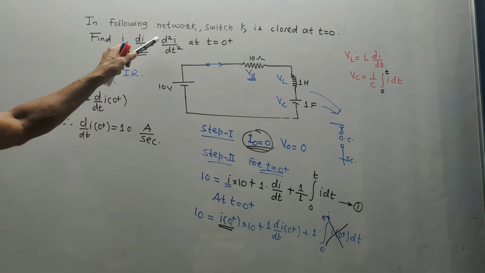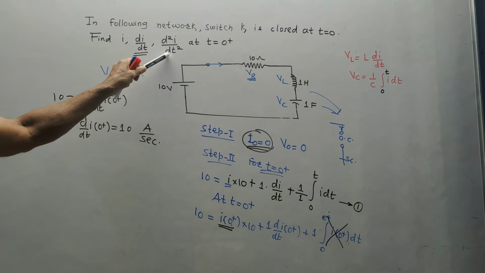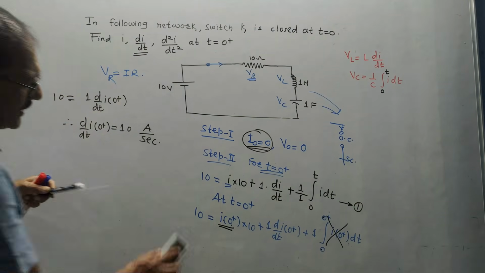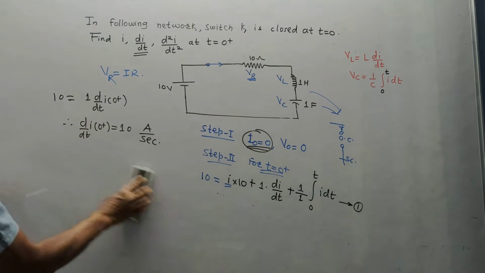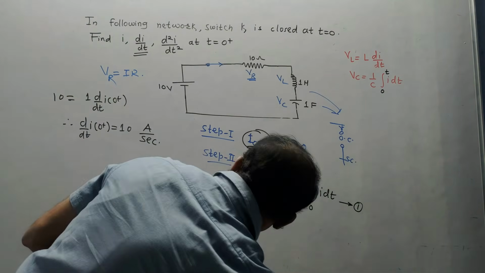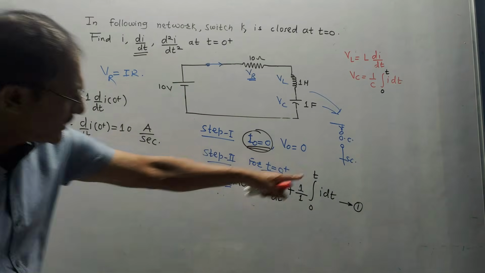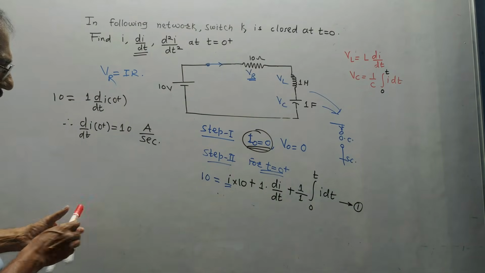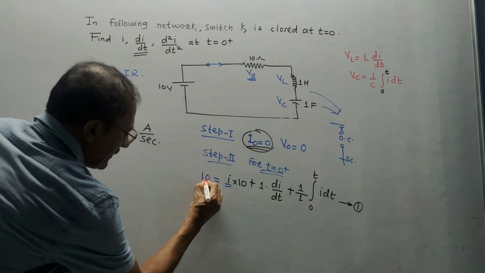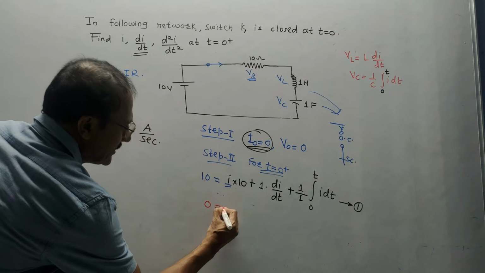Now the calculation of the last part, that is d square I by dt square. To do this calculation, consider equation 1, which we have already obtained. Take the derivative of equation 1 just to cancel out this integration term. If you take the derivative of equation 1, then the derivative of 10 becomes 0, it is a constant term.